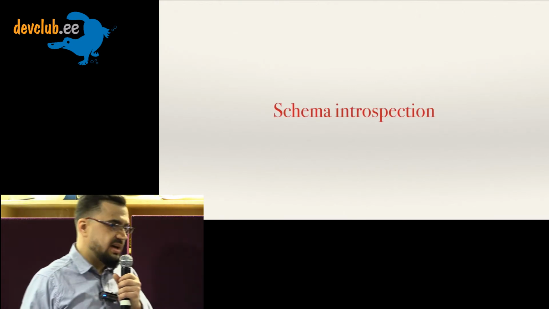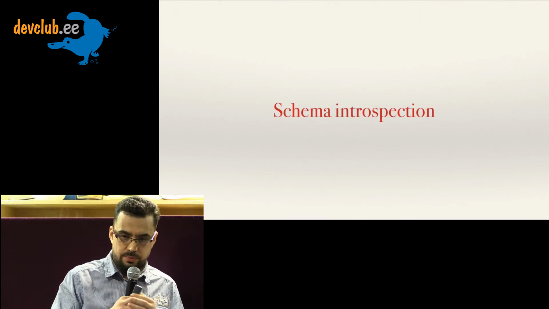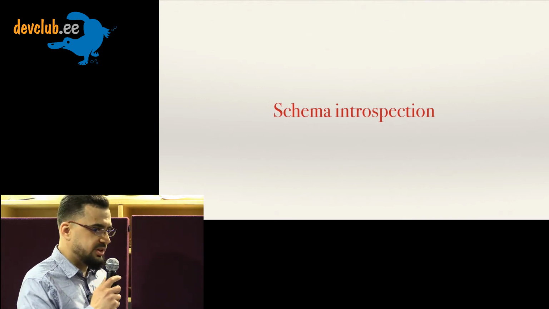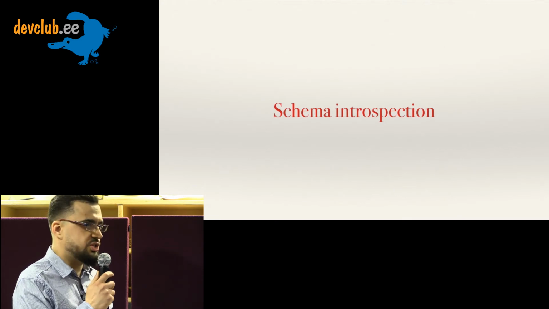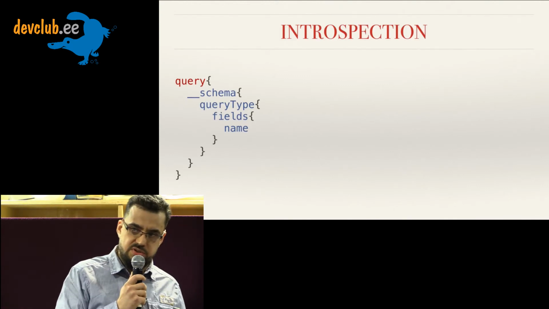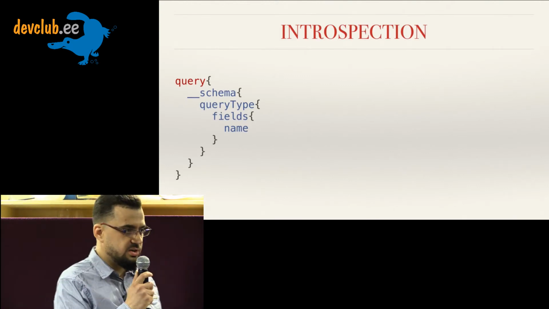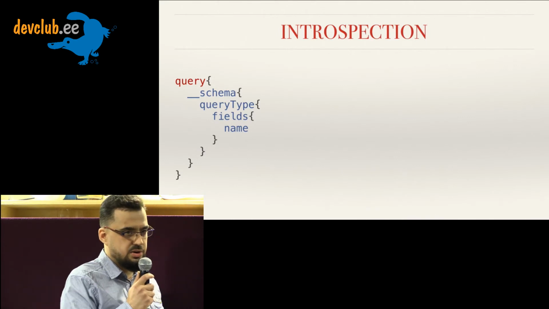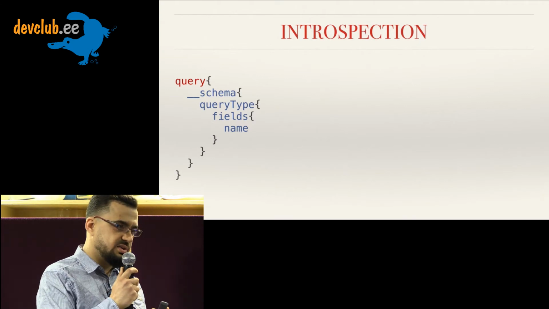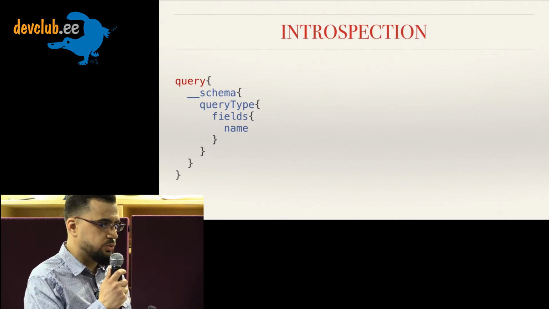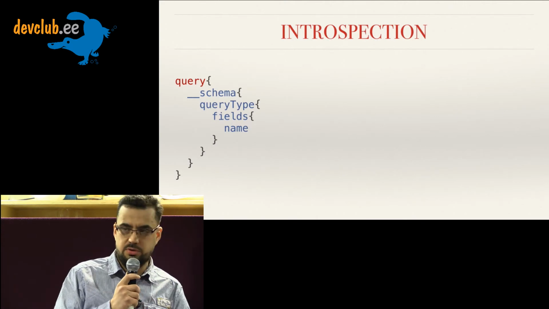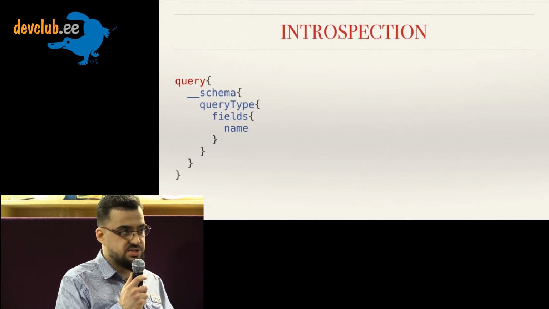Also, GraphQL has a very good feature. It's called schema introspection. It gives the application the possibility to know which types and which fields are declared in the schema itself. This schema introspection is defined in the GraphQL specification, and each runtime environment, each implementation, must provide a set of queries out of the box, which make it possible to load data about the schema itself.